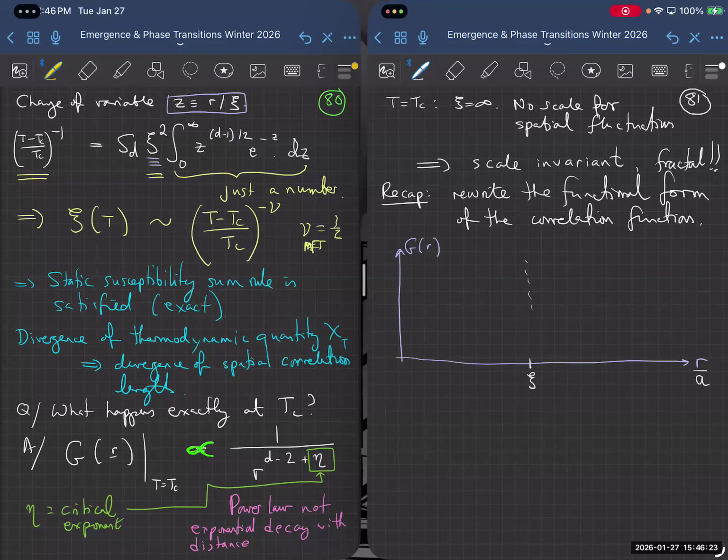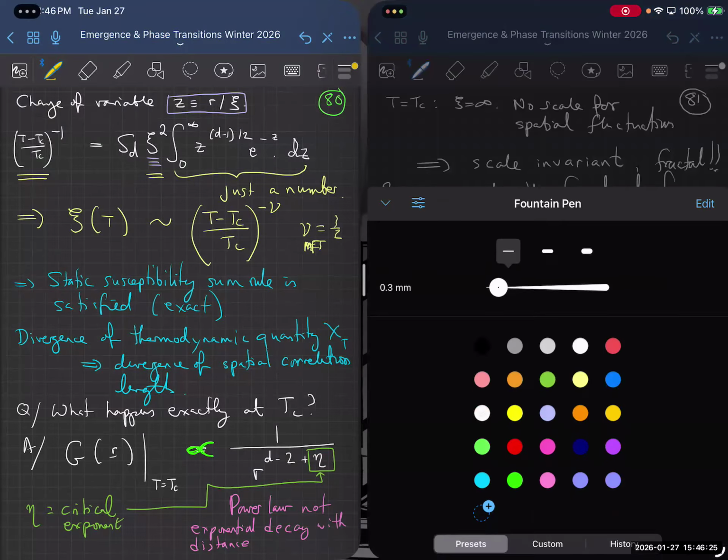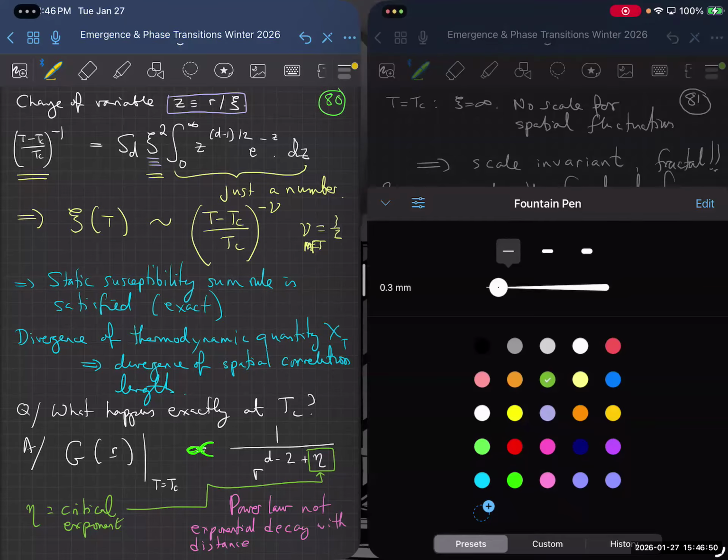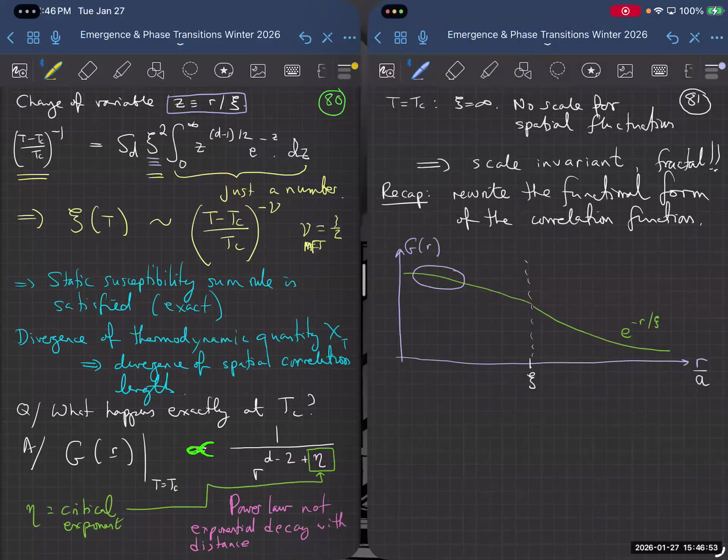And now what we argued was that the correlation function is decaying exponentially when R is larger than this correlation length. When R is smaller than this correlation length, we didn't say what it is, but I'll tell you what it is. It basically looks like this, coming in sort of like that. And this behavior over here goes as 1 over R to the power D minus 2 plus eta.